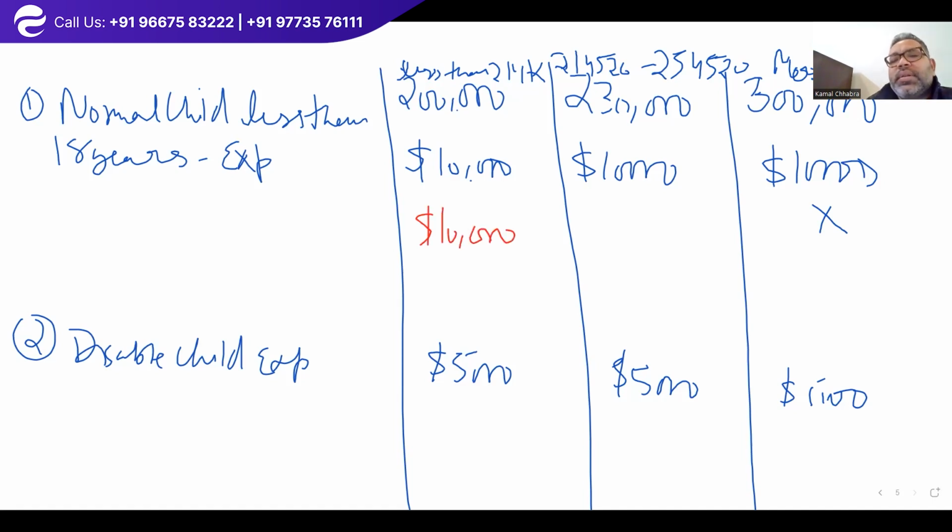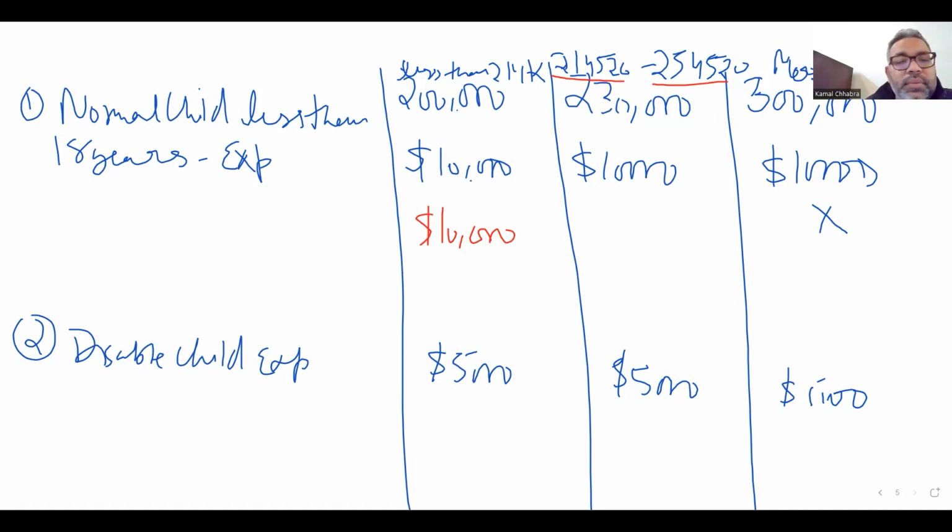But the question is, when your income is in between these two brackets, what is the total gap? 254 minus 214. How much is it? 40,000. Are you guys with me? So 14,300 divided by 40,000, multiplied by $10,000.